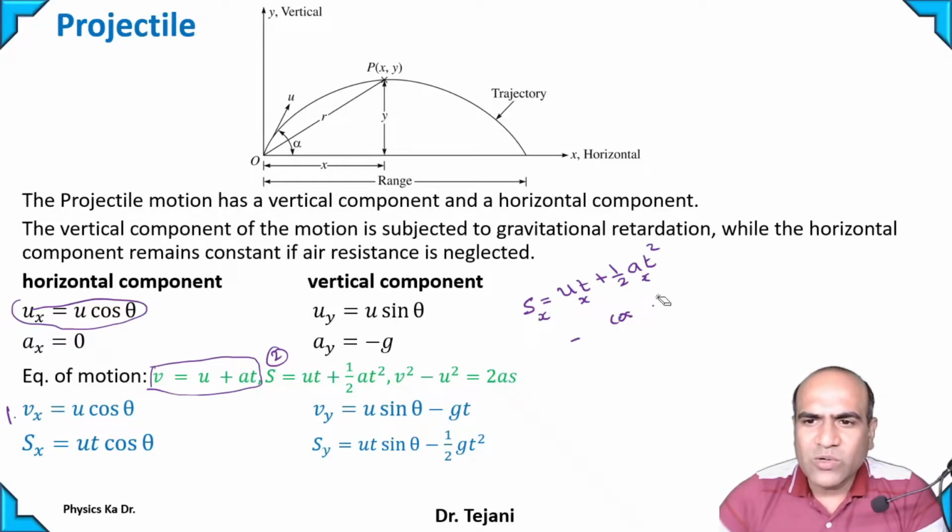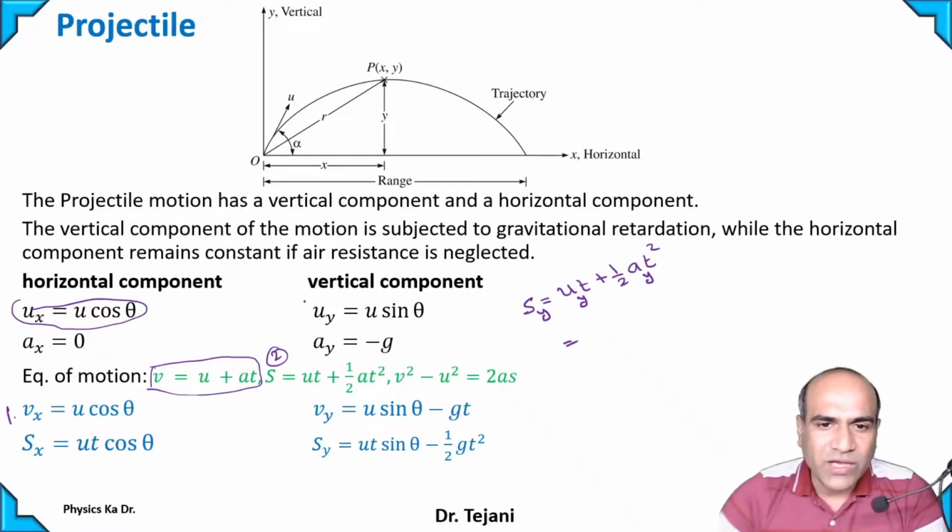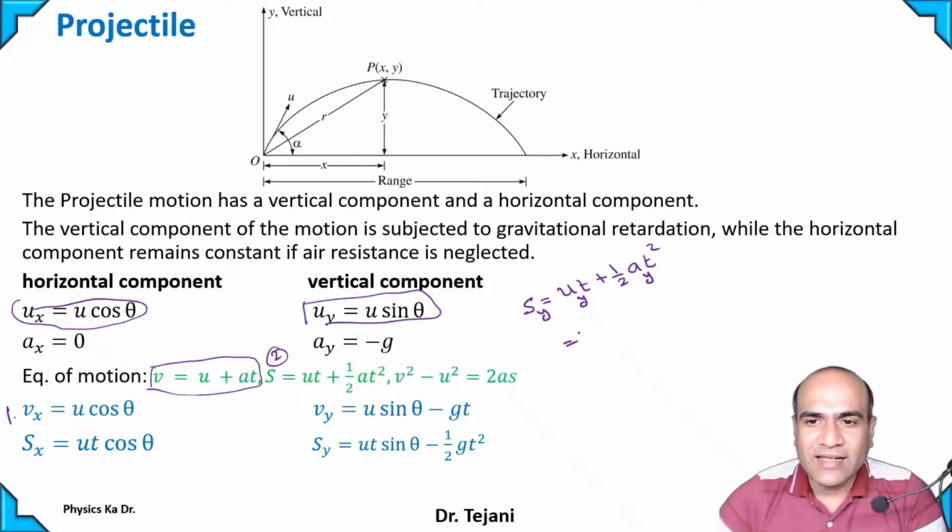Similarly, when we talk about the vertical movement, it is applicable here. It becomes Sy for the vertical movement. Here it becomes uy, ay. We have uy = u sin theta. It gives u sin theta t plus 1/2, and a becomes minus g because gravity acts in the negative direction, times t square.